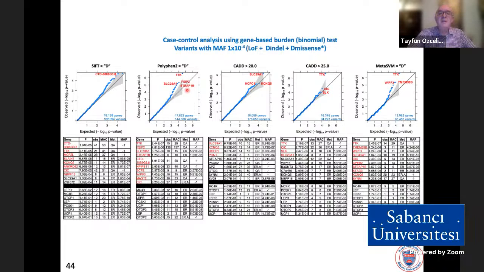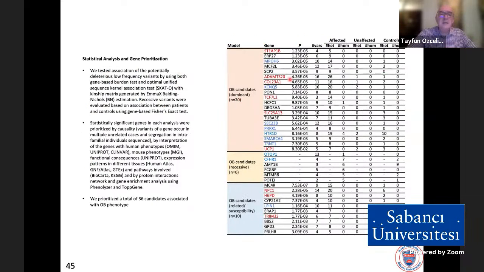We have the case control analysis with the SCAT filtration, and we are looking at the popping up genes. So here is a list of our best candidates. These candidates were combined from many analyses.